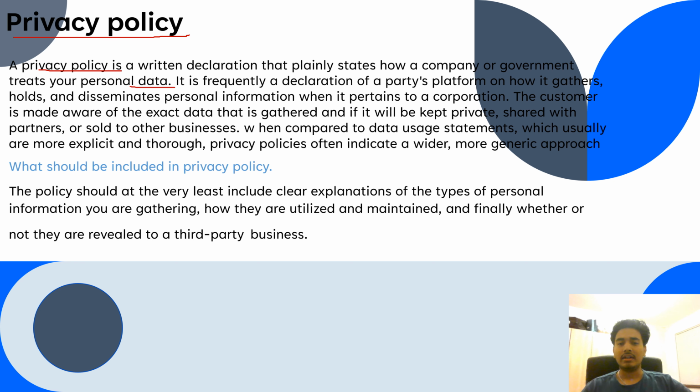It is frequently a declaration of how it gathers, holds, and disseminates personal information when it pertains to a corporation. Customers are made aware of the exact data that is gathered and whether it will be kept private or shared with partners and other businesses.